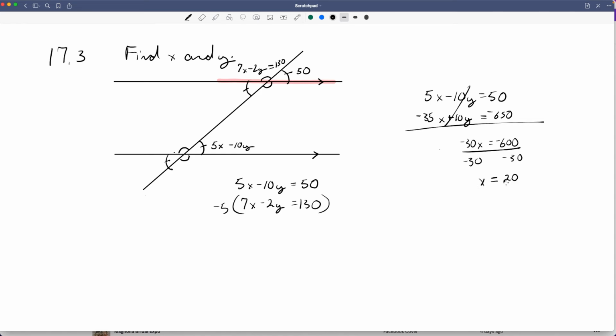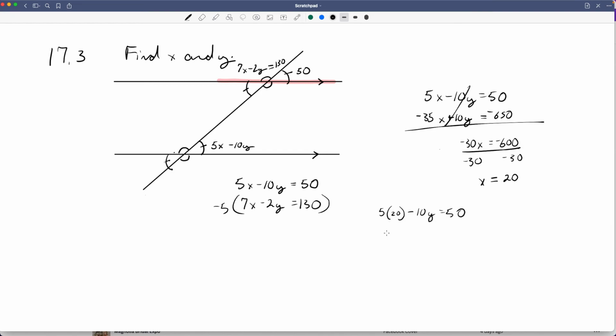So now I have the value of x. So all I have to do is go back in here and solve for y. So I'm going to use this one just because it is a smaller x value. So 5 times 20, that's the value of x, minus 10y is equal to 50.